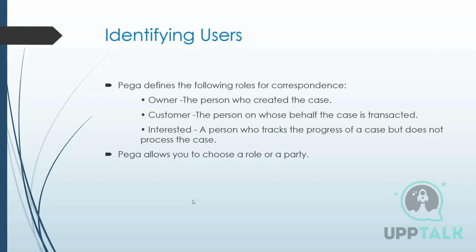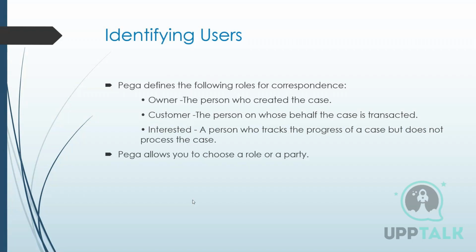He just wants to be notified of every lost card transaction that is happening. You can think of it as a CC in our mails. They're just notified. It doesn't mean they need to take any action. So similarly, interested parties here.